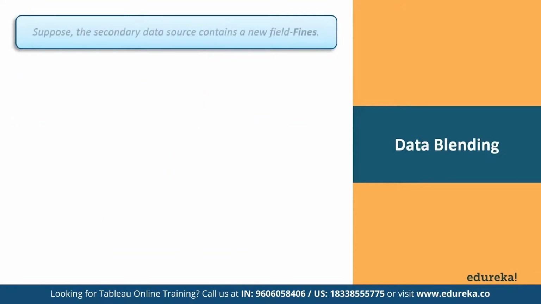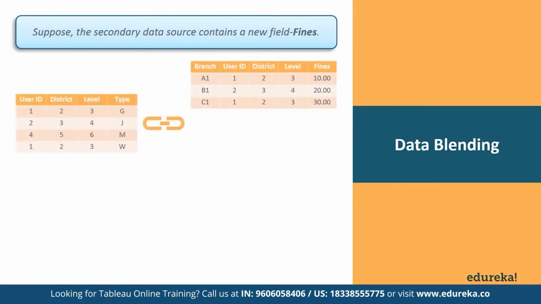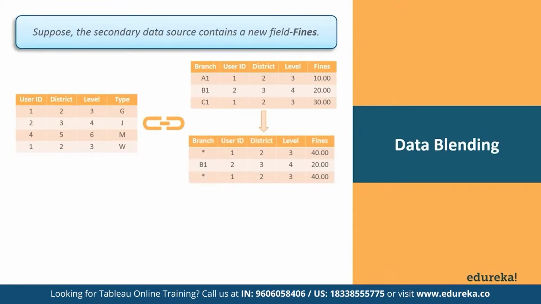Now, suppose you have the same tables as before, but the secondary data source contains a new field called finds. Again, if the linking field is user ID, blending your data takes all the data from the left table and supplements it with the data from the right table.